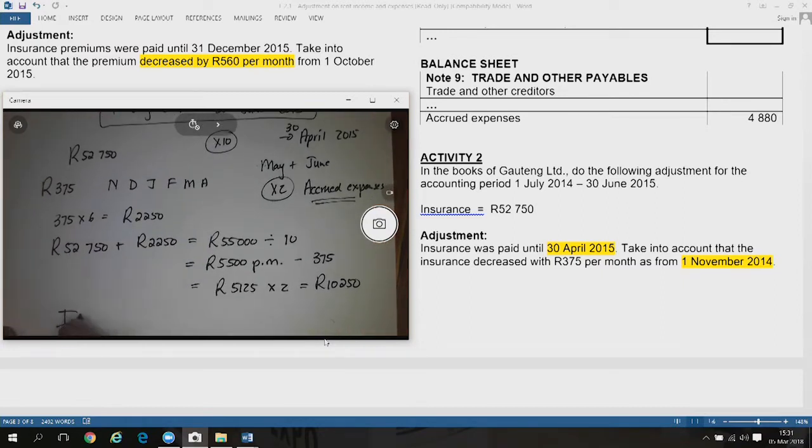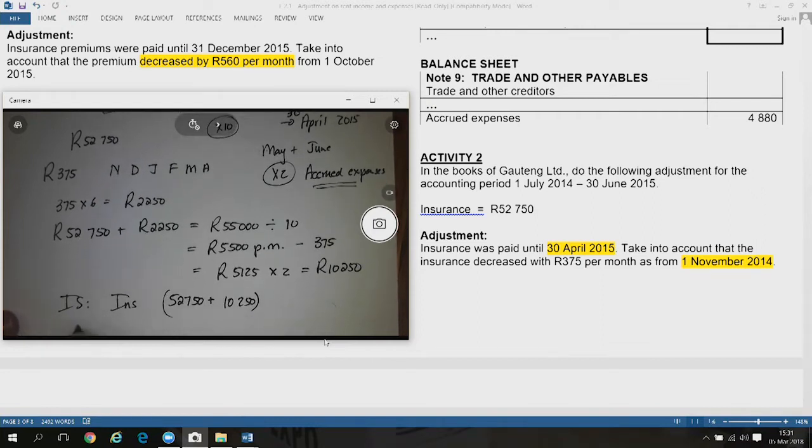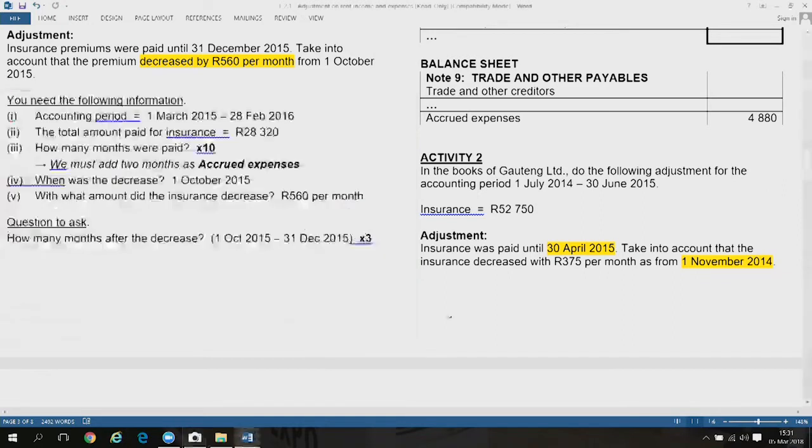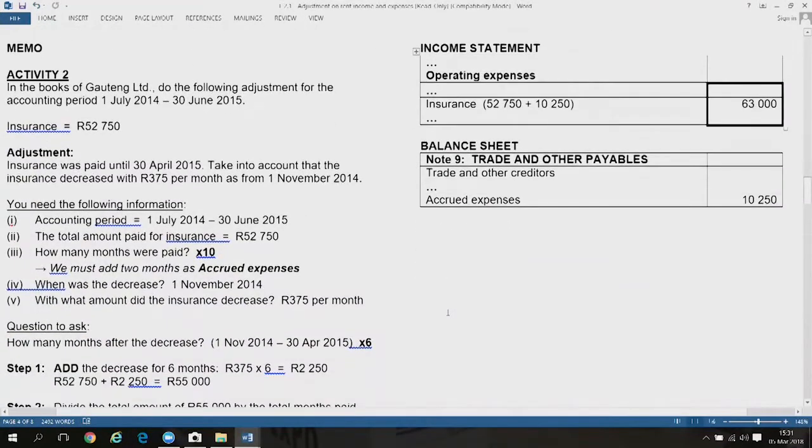So in your income statement, your insurance will be 52750. We add 2 months, 10250. And in your balance sheet, it will be in note number 9, accrued expenses. And the accrued expenses is 10250. 10250 for accrued expenses.